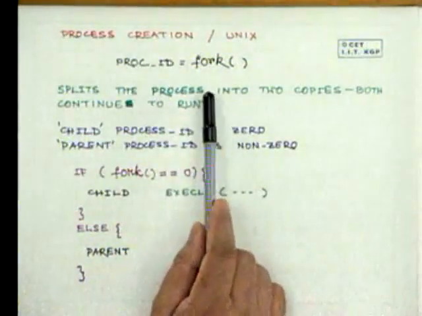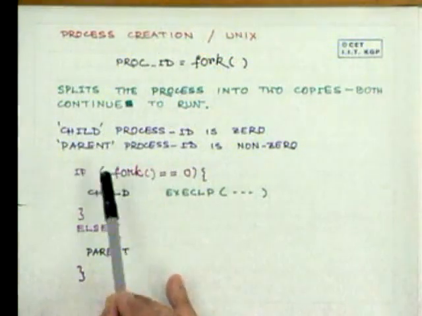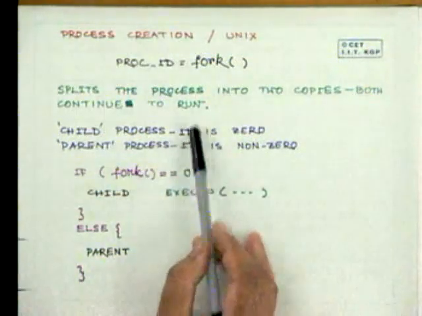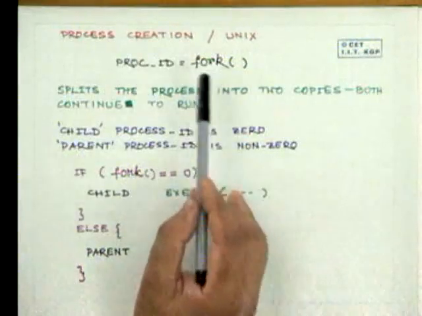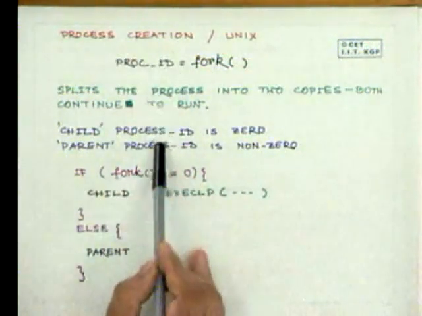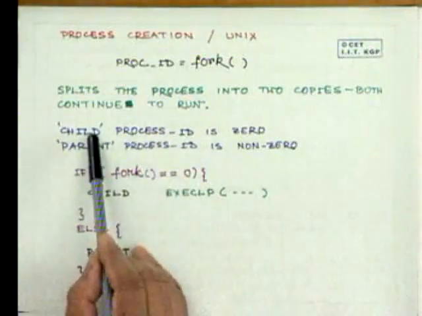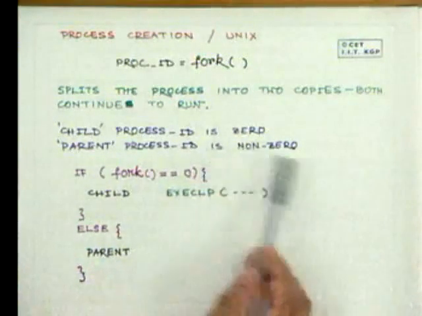Now, how does one know which is the child process and which is the parent process? Whenever you call a fork, it returns a process ID, which we can store in a variable and check. The child's value is 0 and the parent's is non-zero.